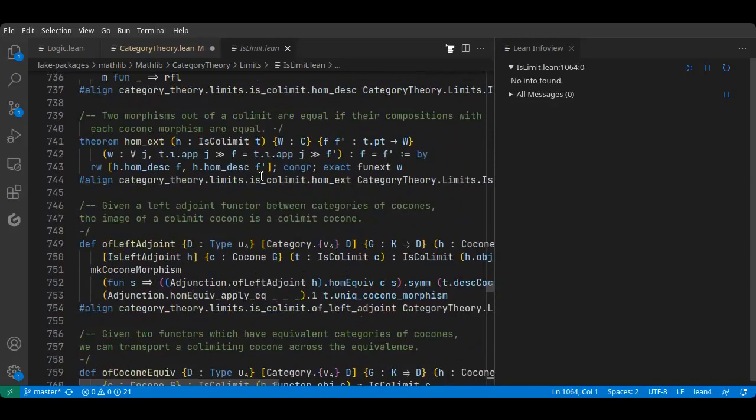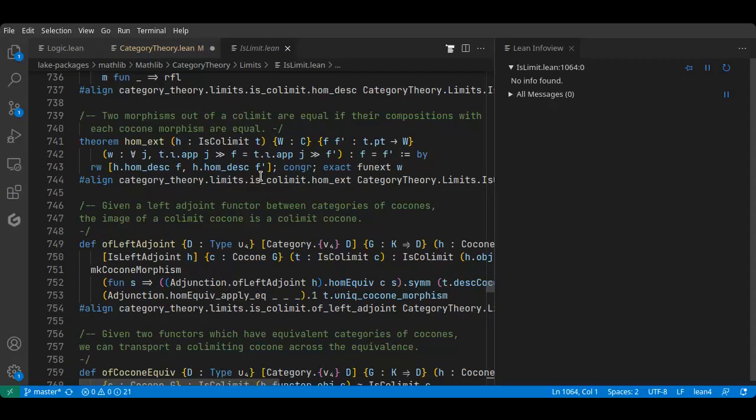I don't know very much about universes, but I'm wondering if you ever run into size issues. For example, is there a universe that contains Type n for all n? No. I think you can engineer a problem where you would run into such issues, and there are other theorem provers that have something called Type omega.